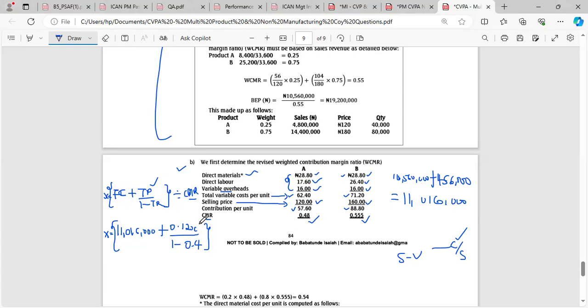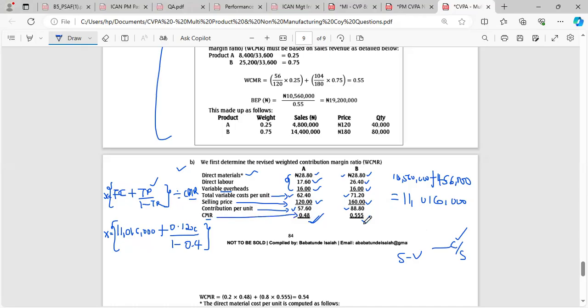Since we are looking for the CM ratio, the formula will be contribution divided by sales. So the contribution here is 57.6 divided by 120. You get 0.48. Then 88.8 divided by 160. You get 0.555. So this is our contribution margin ratio.